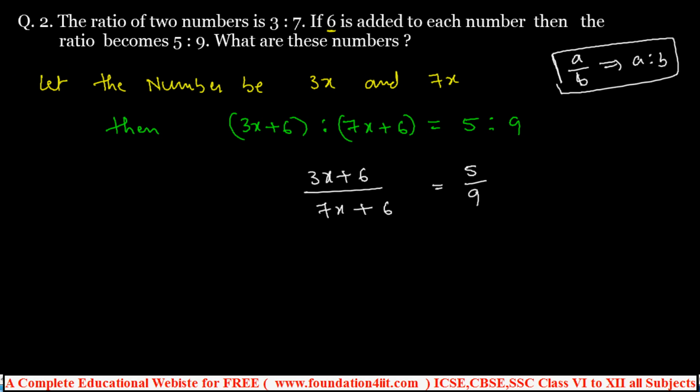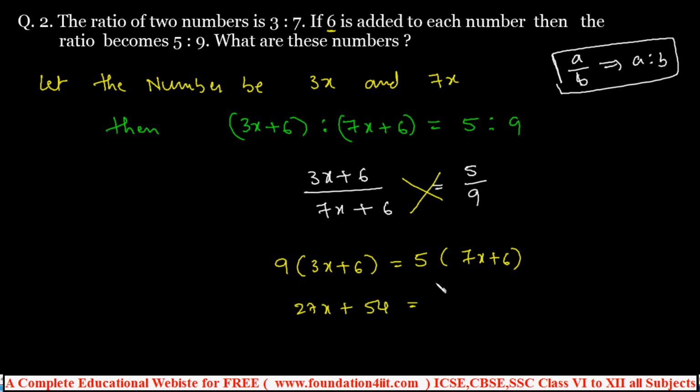So 9 into 3x plus 6 is equal to 5 into 7x plus 6. Entire cross multiplication: 9 into 3 is 27x plus 9 into 6 is 54, equal to 5 into 7 is 35x plus 5 into 6 is 30.